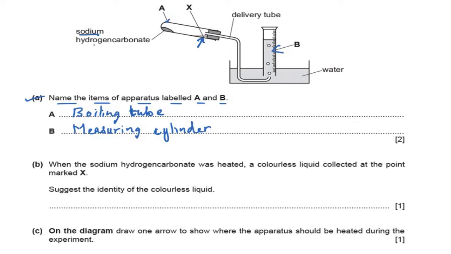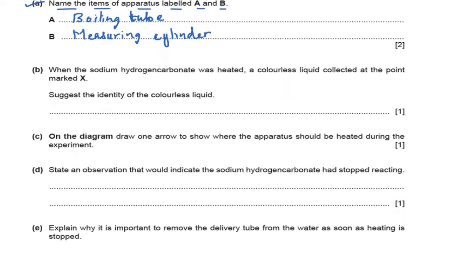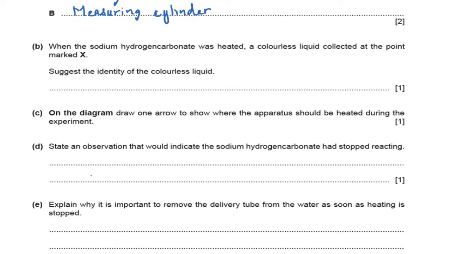Now if we are heating sodium hydrogen carbonate, then one of the products is water, so this colorless liquid should be water. So I'll write that the colorless liquid should be water because that's going to condense at the slanting tube, so it should be water.